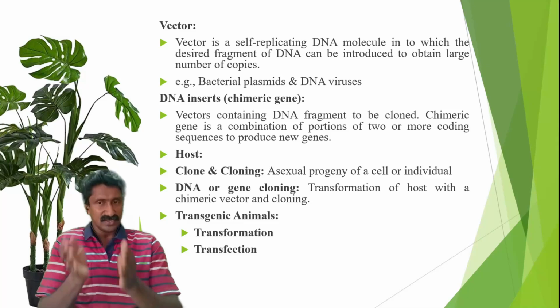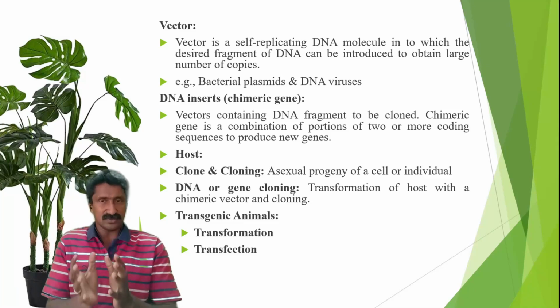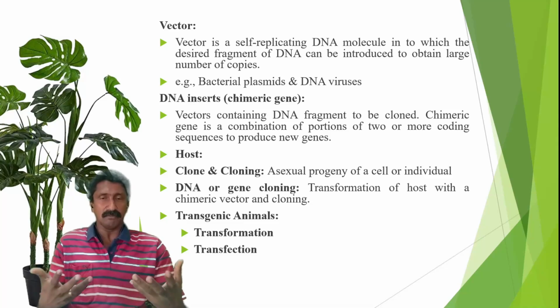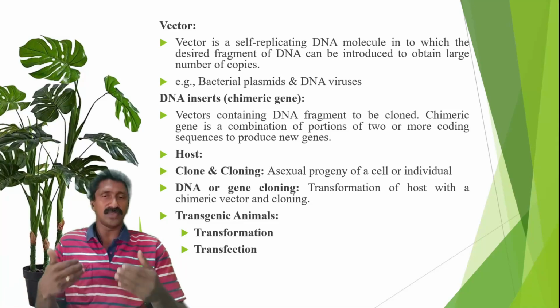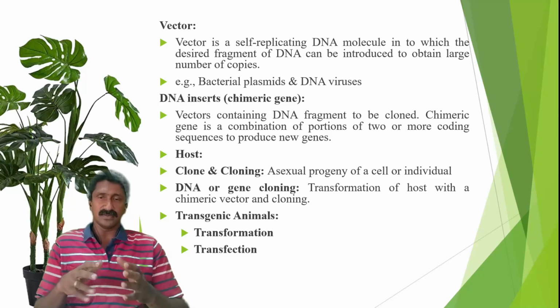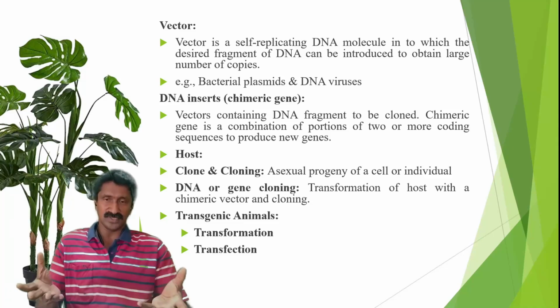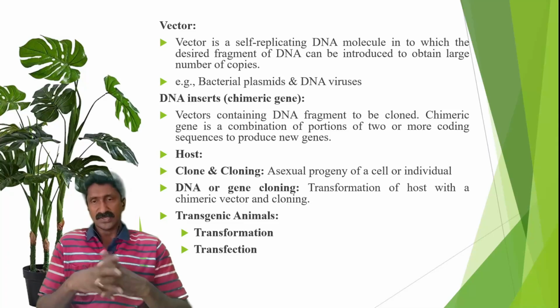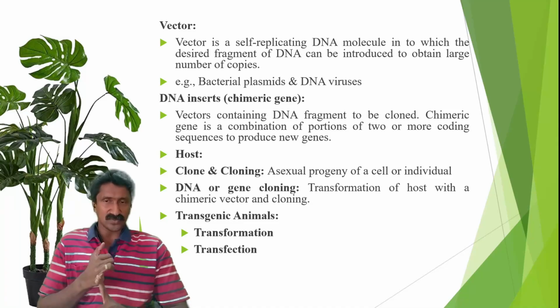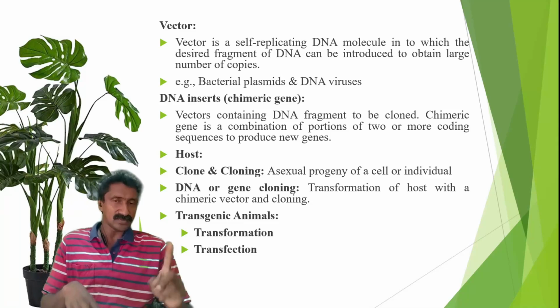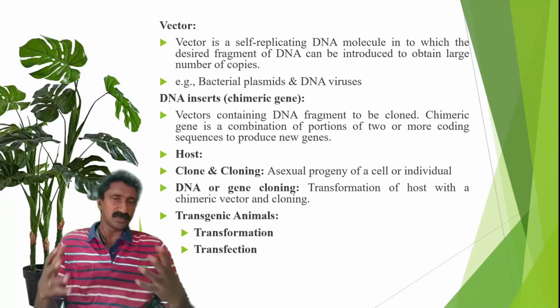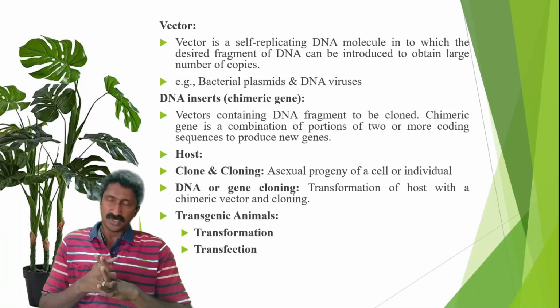Then subsequently, that transformed cell will be grown in some medium, and the multiplication of the E. coli, the asexual progeny that is produced, will produce multiple copies of the target gene, and also it produces the desired product. So this process of transformation of the host cell with the chimeric gene and subsequent cloning or asexual multiplication, progeny production, is known as gene cloning.